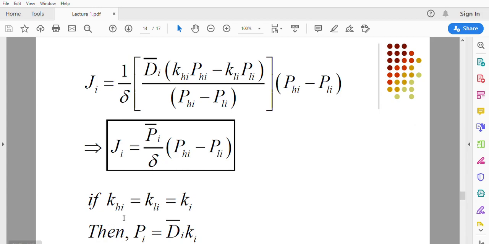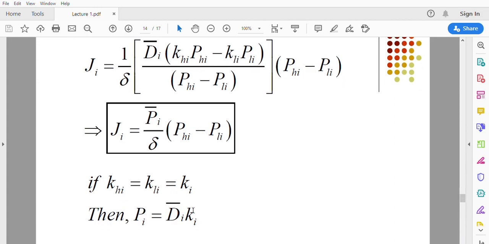And if KHI and KLI are equal, then Di becomes D, and it will become Gi equal to Pi by delta (PHI minus PLI).